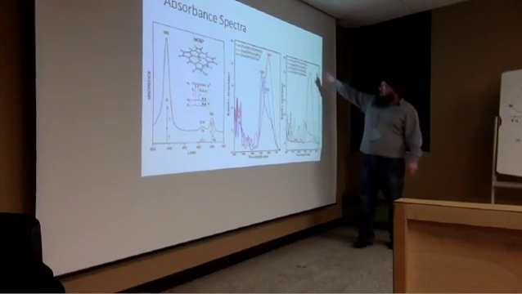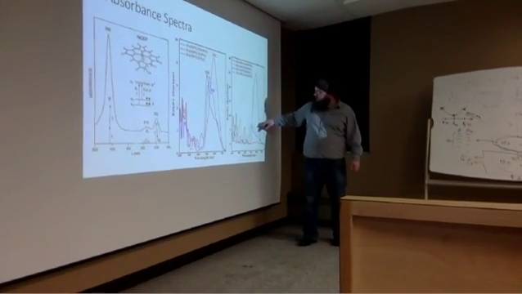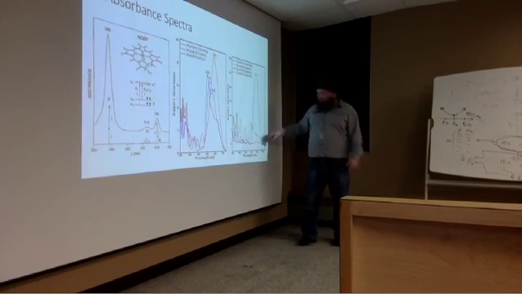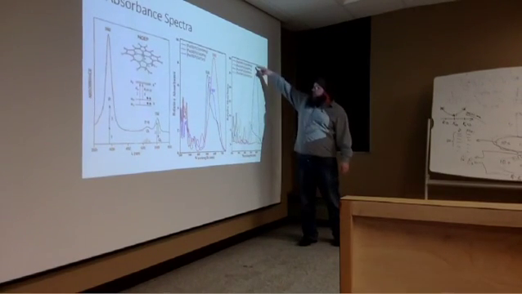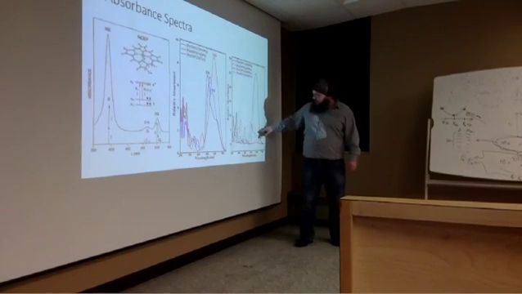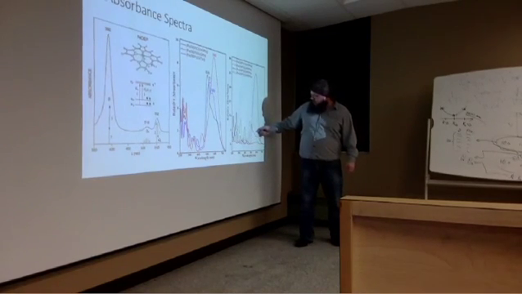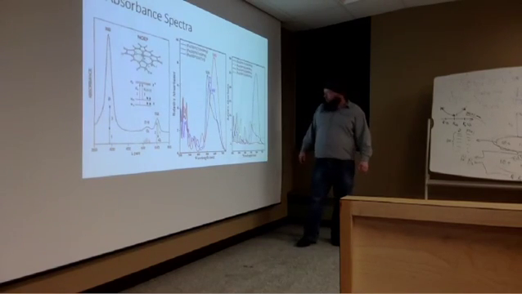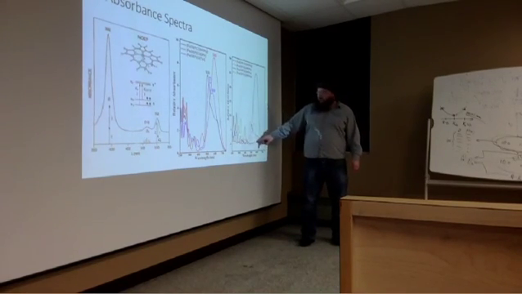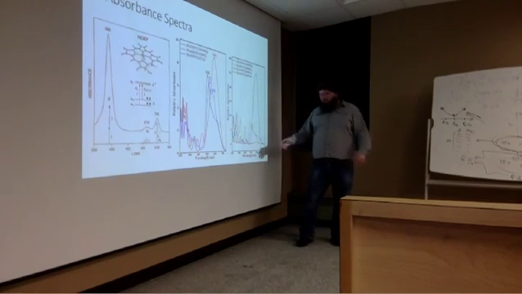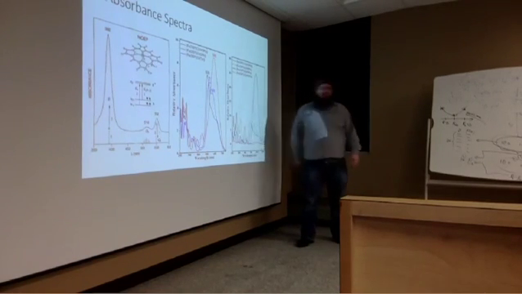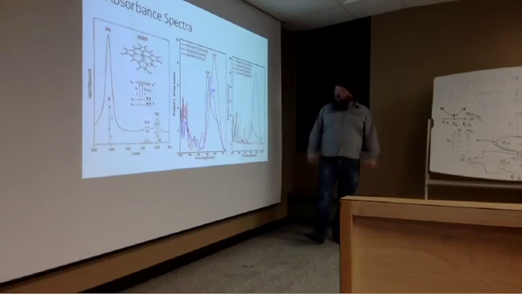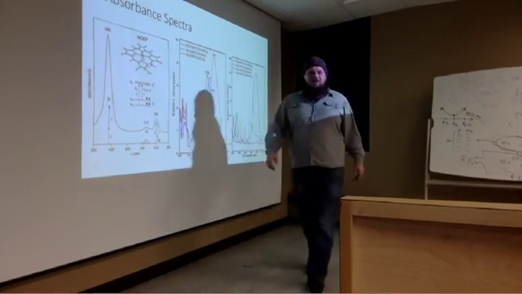And then over here, as you change the number of electrons in the system, and you get a formal charge from -2 to +1, as you can see here, basically what happens is everything shifts to the blue. But the one interesting part here is the formerly iron 1. It basically has no absorbance spectrum going on. It's very odd, but interesting nonetheless.